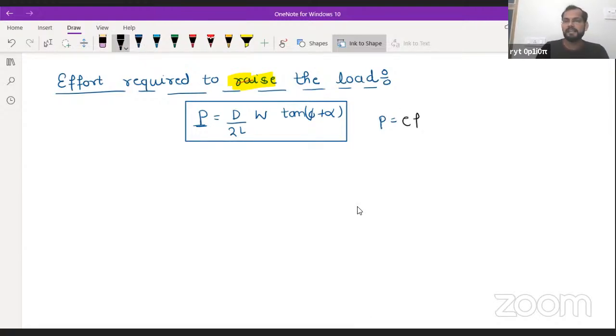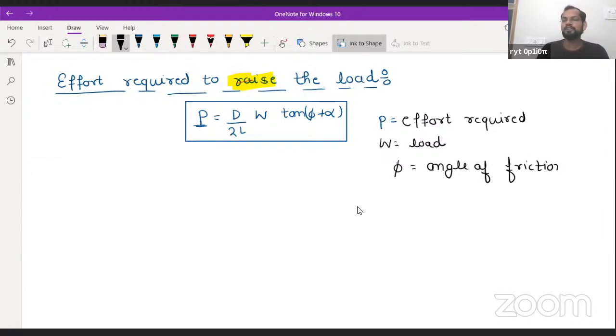W is the load which is raised. What about phi? Phi is the angle of friction.